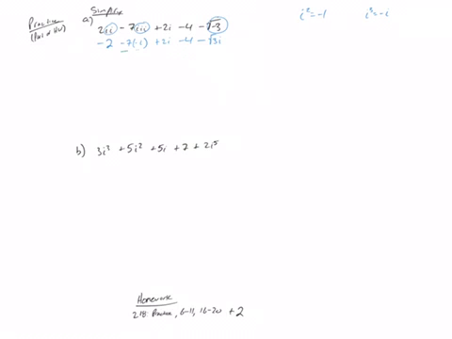Okay, let's simplify this piece right here. -2 is going to be plus 7i, plus 2i, minus 4, minus the square root of 3i. So let's get the real parts together. It's going to be -6. Imaginary parts: 7i plus 2i is going to give me plus 9i minus the square root of 3i. And we're going to try to write this in this a plus bi form.